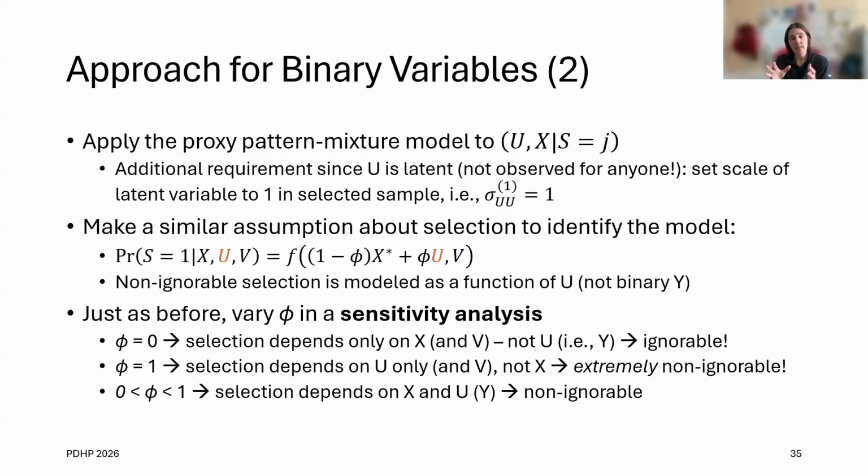So we have the same sensitivity parameter phi here, where the probability of self-selecting into the non-probability sample is a function of this linear combination of the observed proxy X and the latent variable U. And we do the exact same varying of phi. Phi equals 0 means ignorable, phi equals 1 means extremely non-ignorable, and the likely true value is probably somewhere in between, in some sort of moderately non-ignorable scenario.